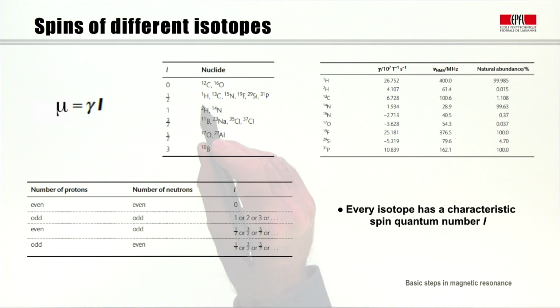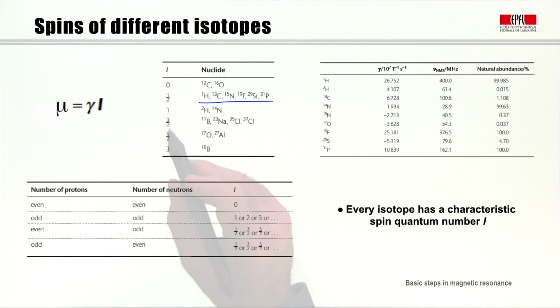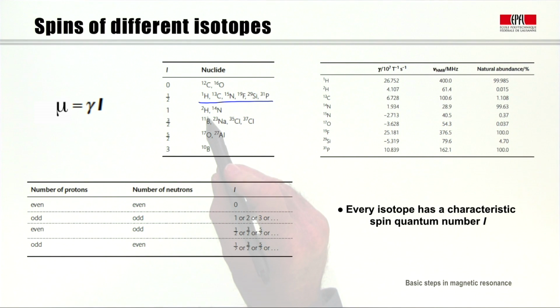But there is a long series of important nuclei that have a spin 1/2 and that are actually very popular in NMR spectroscopy and also in imaging. Some isotopes have a spin quantum number equal to 1, mostly deuterium and nitrogen-14, also lithium-6. Some of them have a quantum number 3/2.